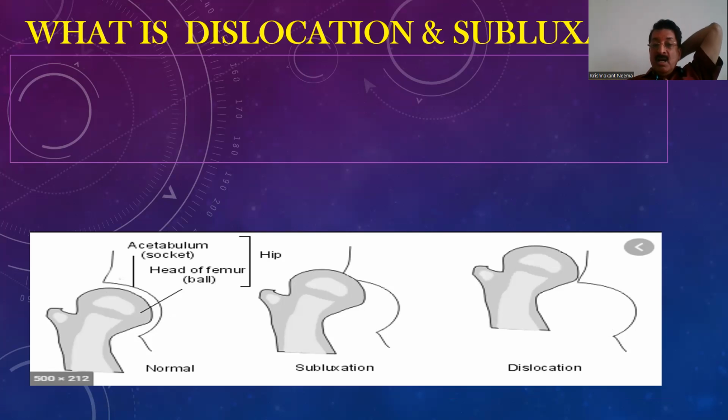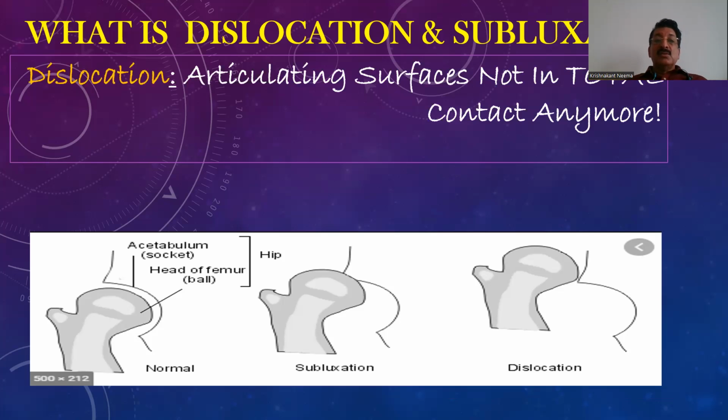Ball has totally moved out of the acetabulum and there is no contact. So now we'll see what is dislocation and what is a subluxation. Dislocation is when the articulating surfaces are not in total contact anymore.